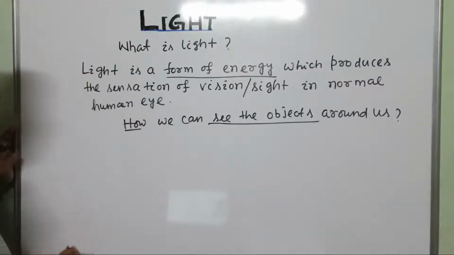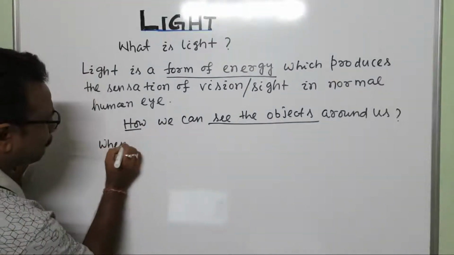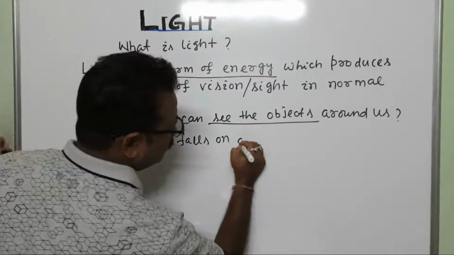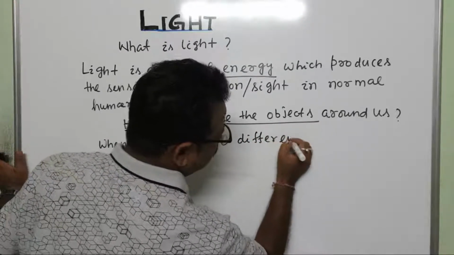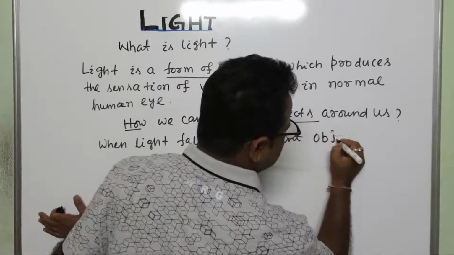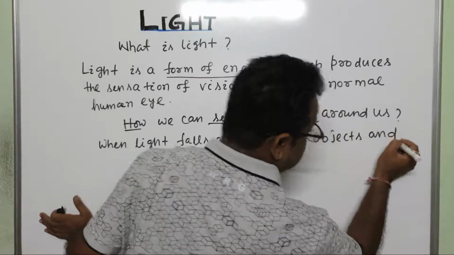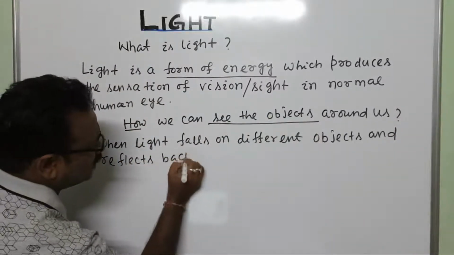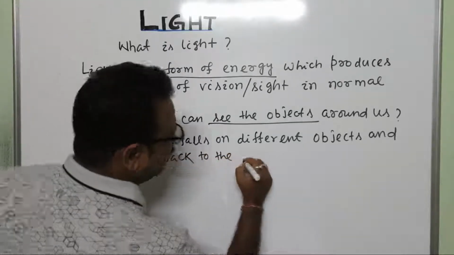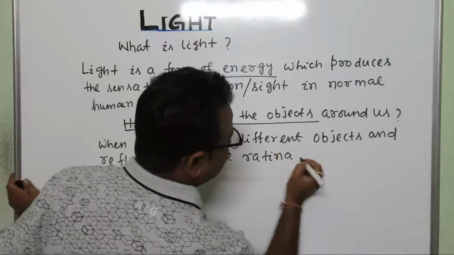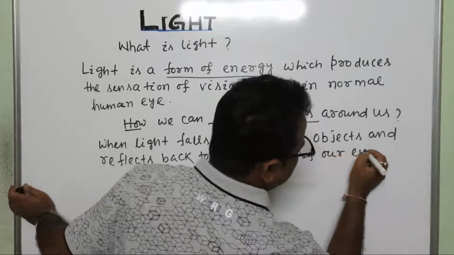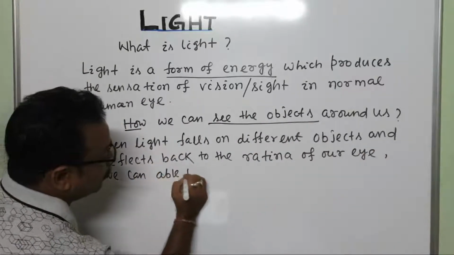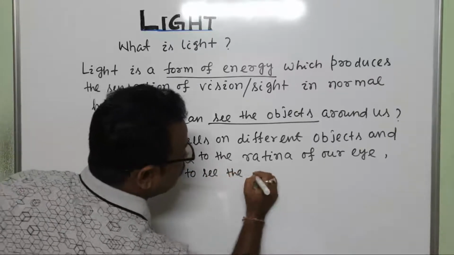When light falls on different objects and reflects back to the retina of our eye, we are able to see the object.